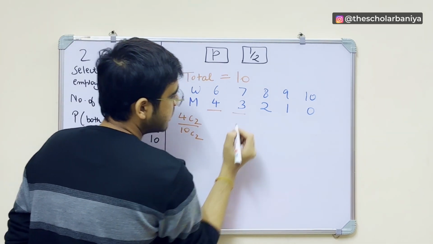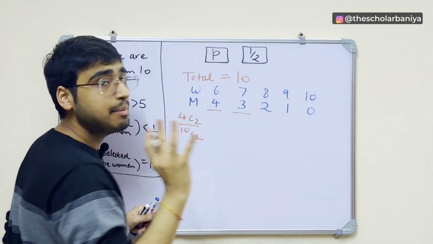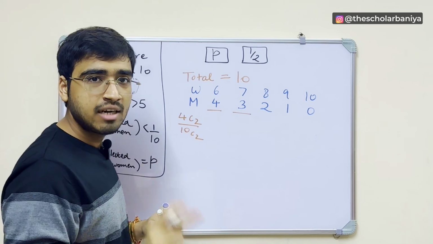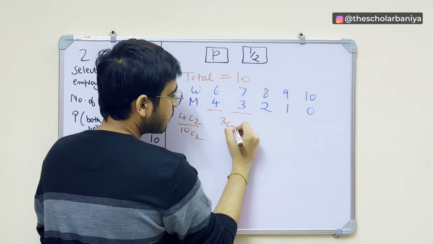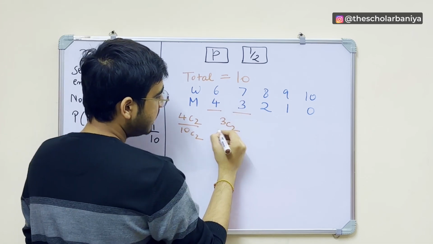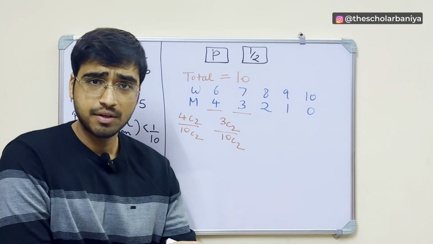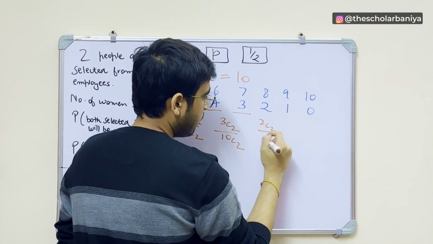Similarly, let's talk about this case. In this case, there are three men. So in how many ways can we select two men out of three? It will be 3C2, and the total is again 7 plus 3, 10, so 10C2. Similarly, this one is 2C2 upon 10C2.